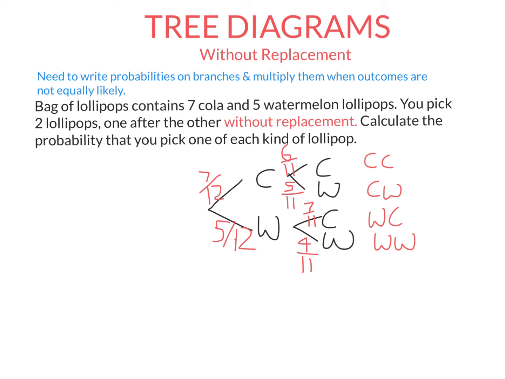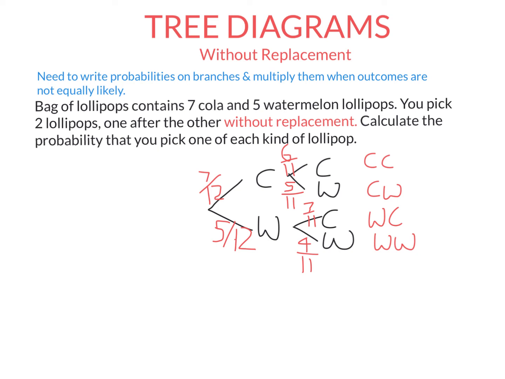Similarly, the probability of getting watermelon the second go is not the same as it was the first go. So when things are done without replacement, the probabilities change at the second stage. So that is literally the only difference between with and without replacement. Otherwise, the tree diagram is the same and the process is the same.